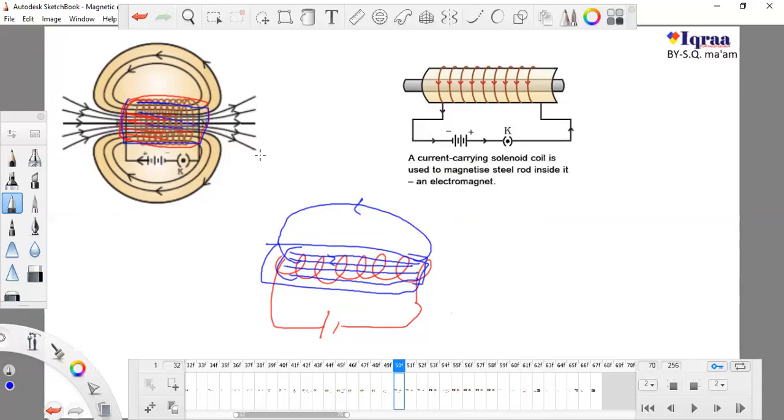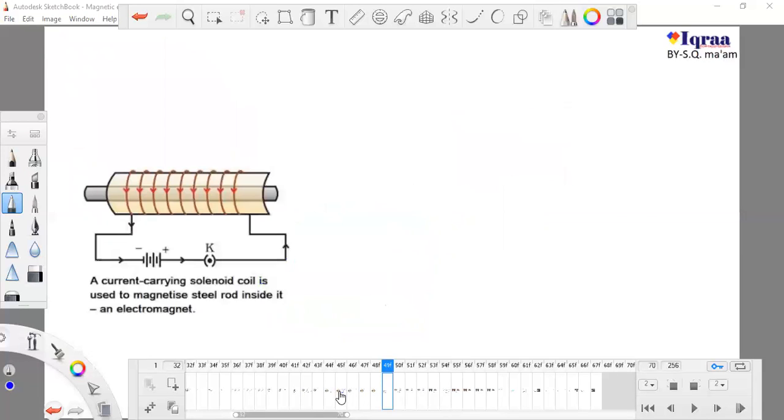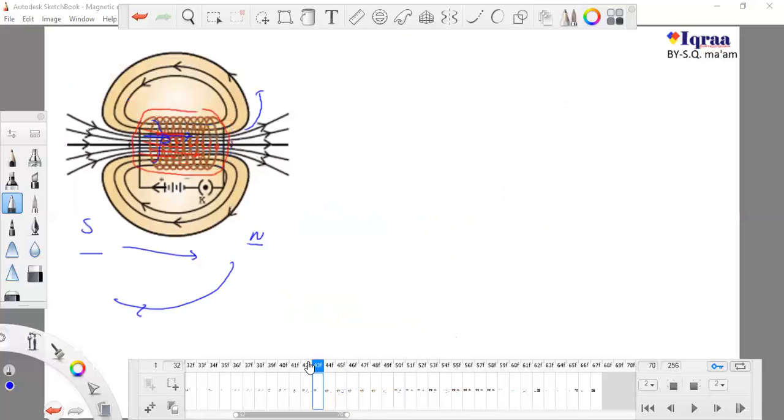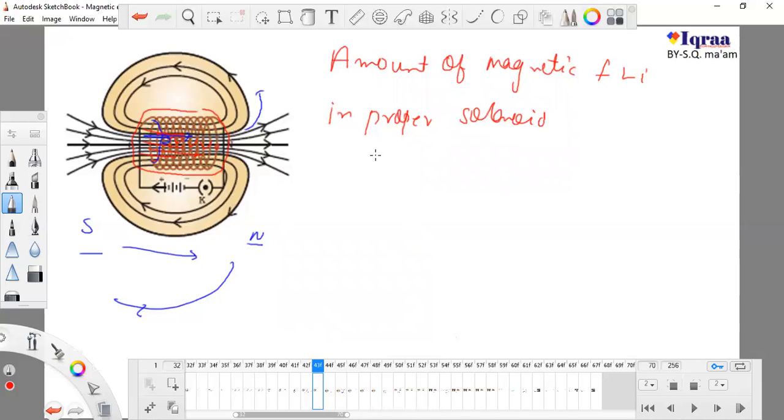You can see these magnetic field lines, but the amount of magnetic field lines in the proper solenoid is the same.